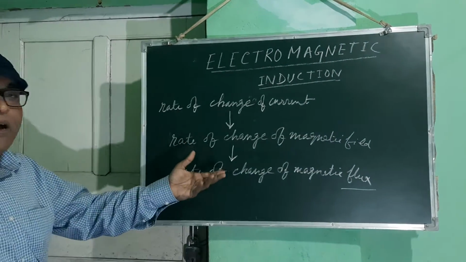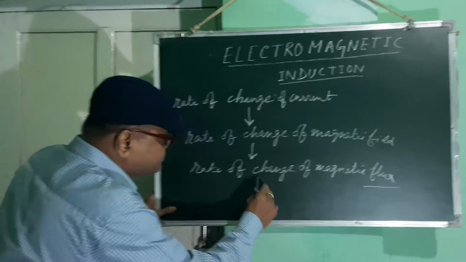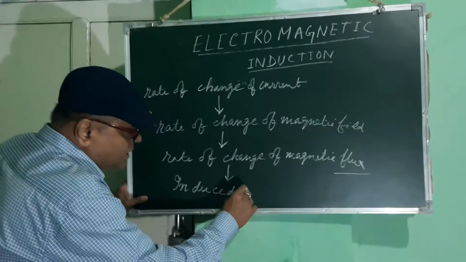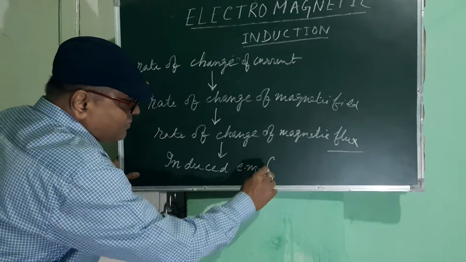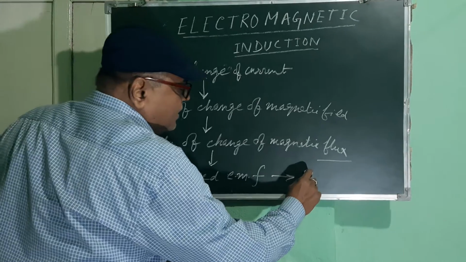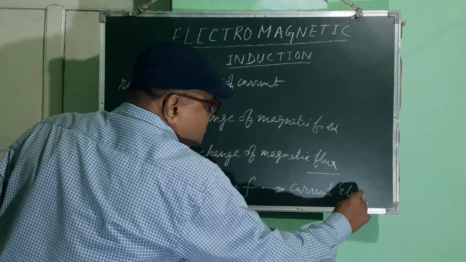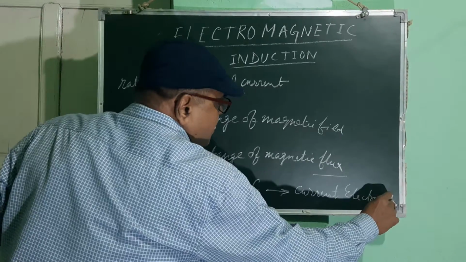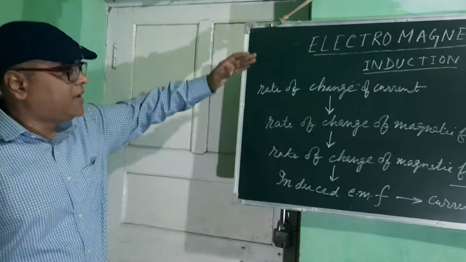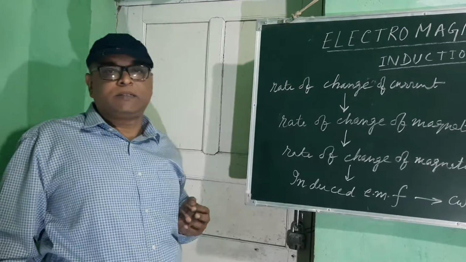The magnetic flux will give the induced EMF, and it will ultimately give current electricity. So that is our algorithm, and that is all about electromagnetic induction.